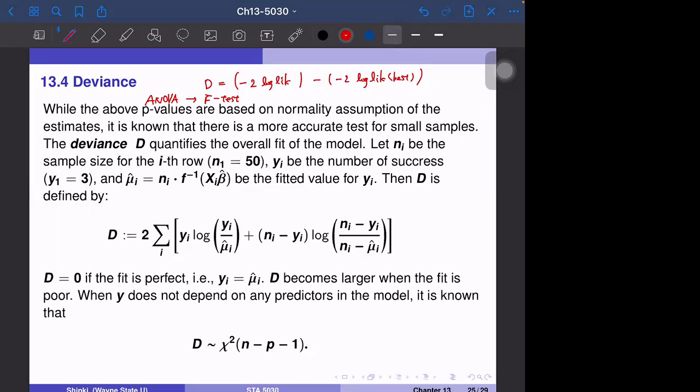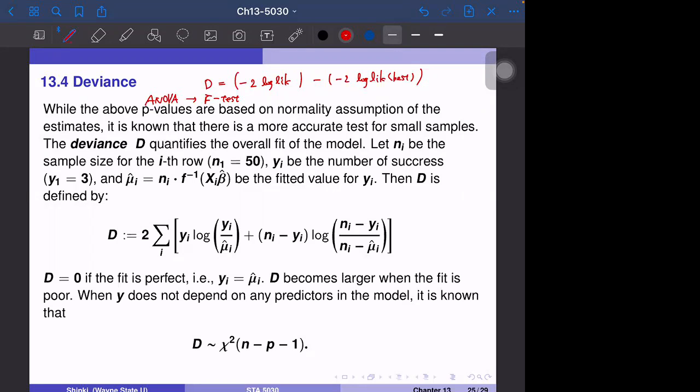For logistic regression, we have to rely on the likelihood function, basically the log likelihood. If we have two models, smaller and larger, and we compare the likelihood, then we have some asymptotic theory that we should reject the null hypothesis when the larger model is significantly better than the smaller model.